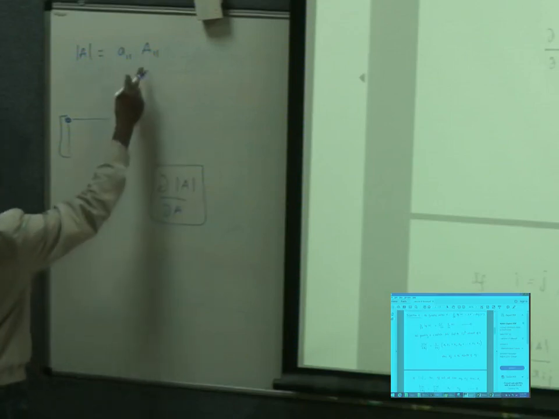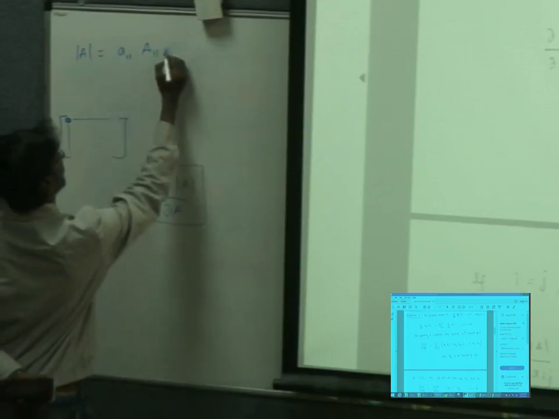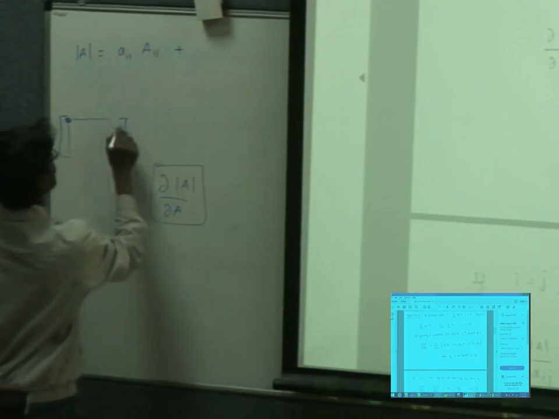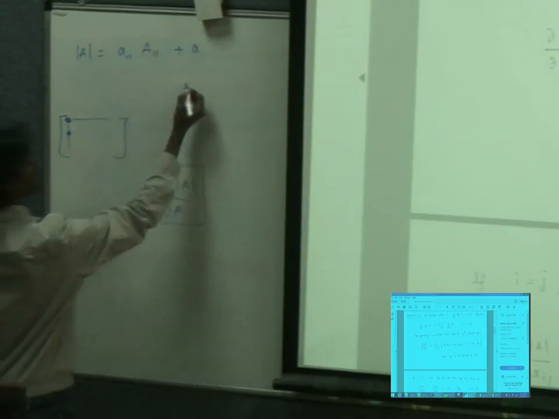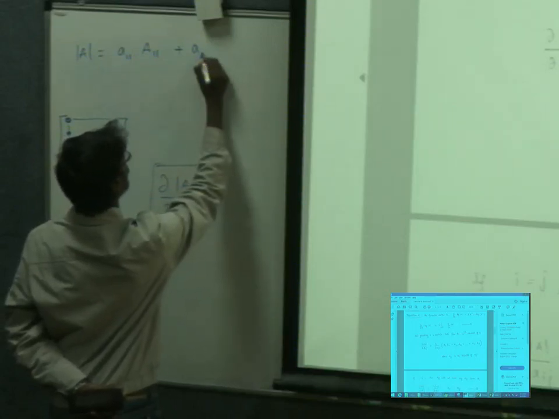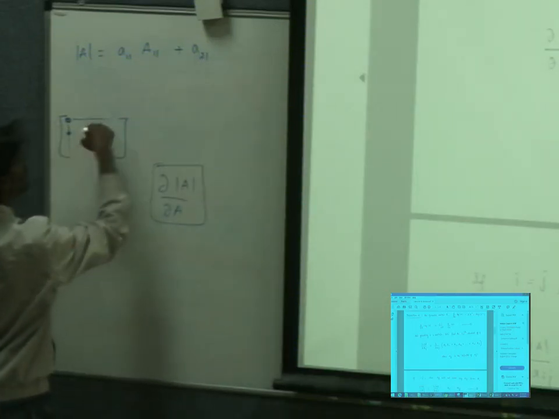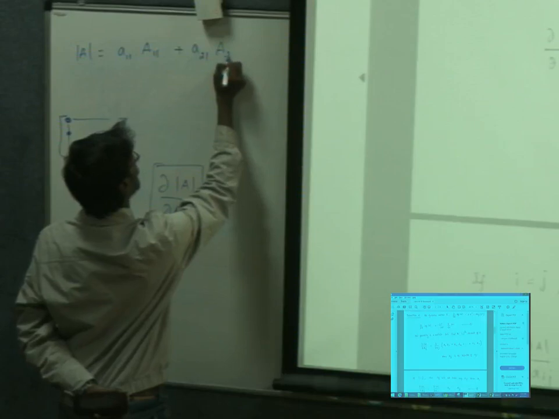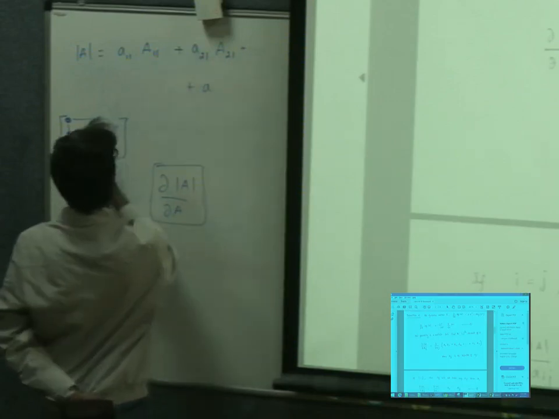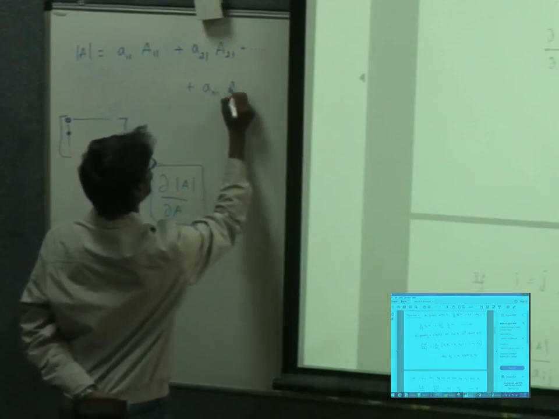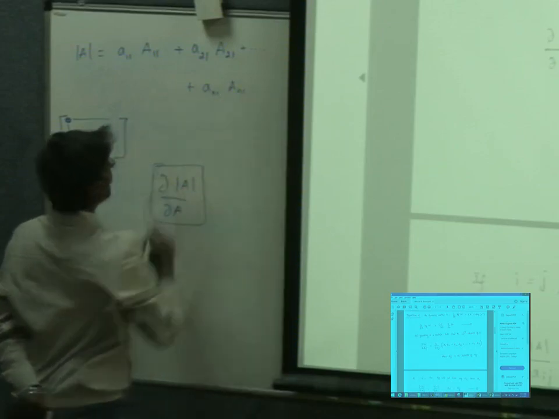So this is what A11, the cofactor, is, whatever value you have, then a21 into its cofactor A21, and so on up to aN1 into AN1.